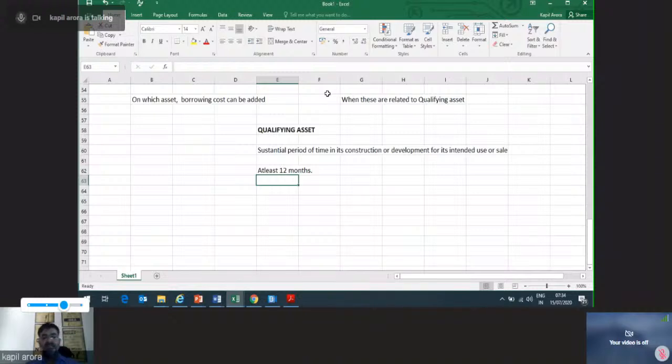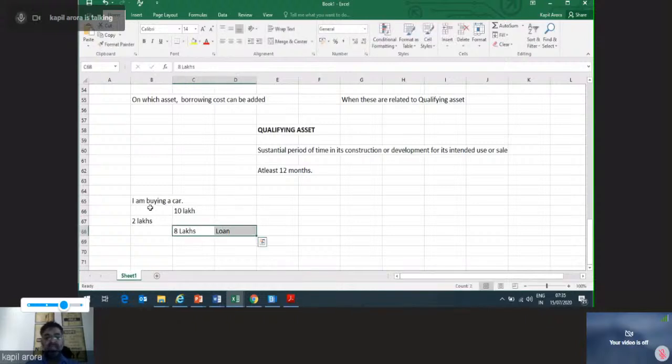Let me just give another example. Let's say I am buying a car. The car is going to cost me 10 lakh. I only have 2 lakhs with me. So the rest of the 8 lakhs I will take as a loan.